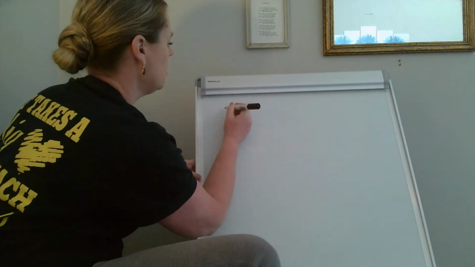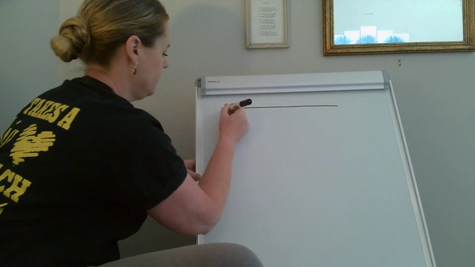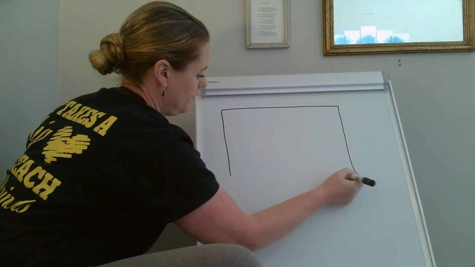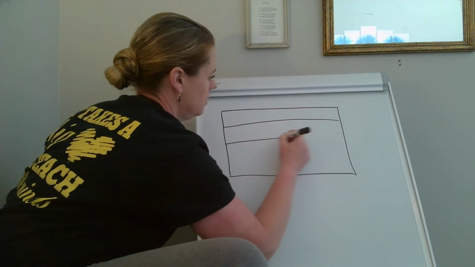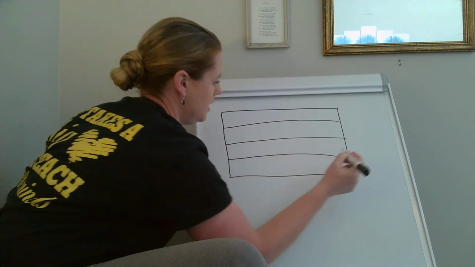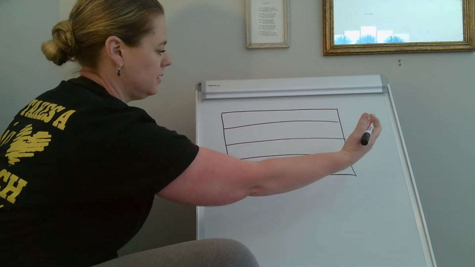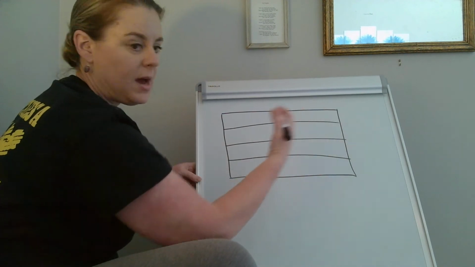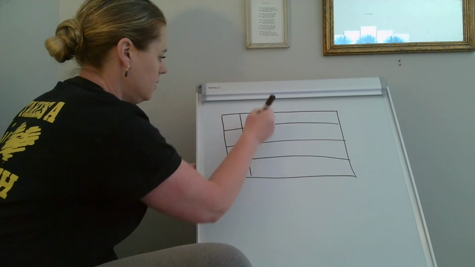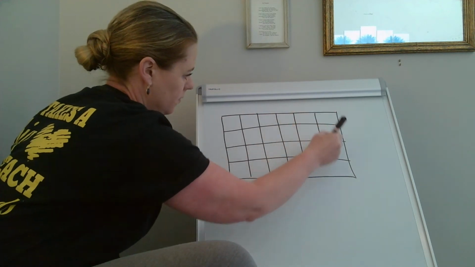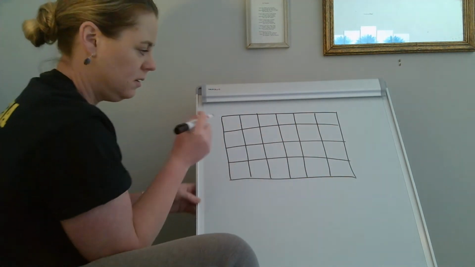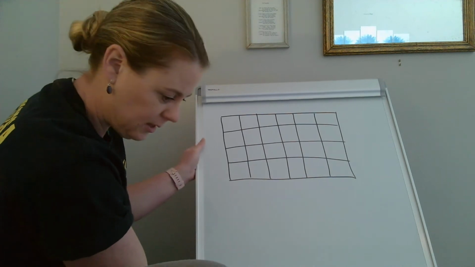A 6 by 4, so 24. I'm going to have 3 lines this way, 1, 2, 3. And then I need 6 sections this way, which means I need 5 lines. So 1, 2, 3, 4, 5. So we're talking 24ths here.